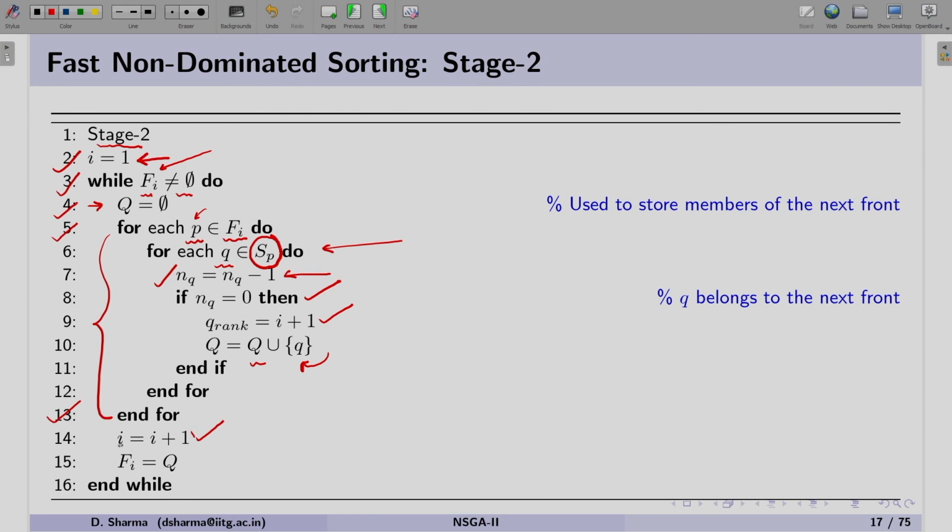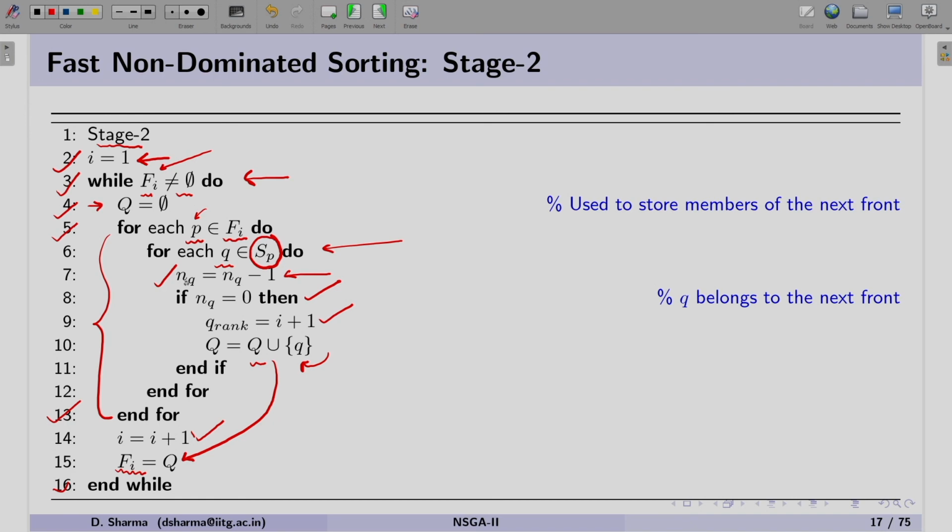So I was 1 earlier, now I will become 2. Now since I equals to 2, in front 2 we are going to save all the components of Q into Fi. Now again in step number 16 we go back to step number 3. If there is any member in front 2, we will follow the same steps.